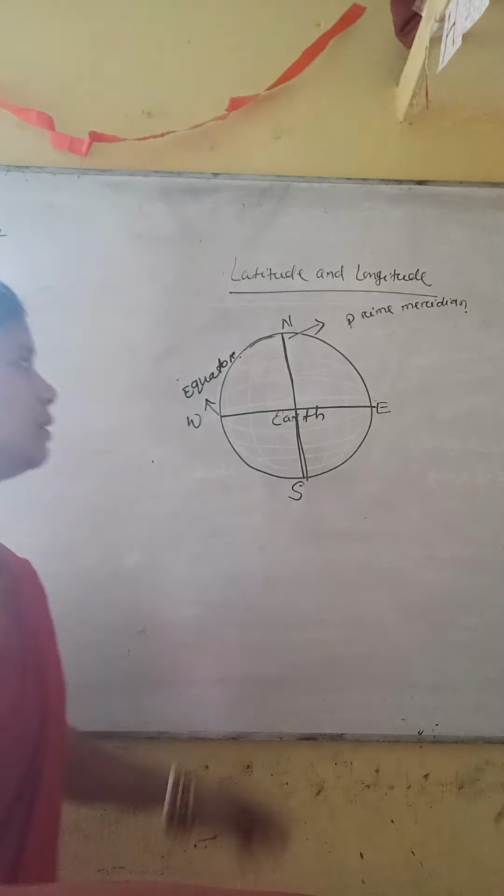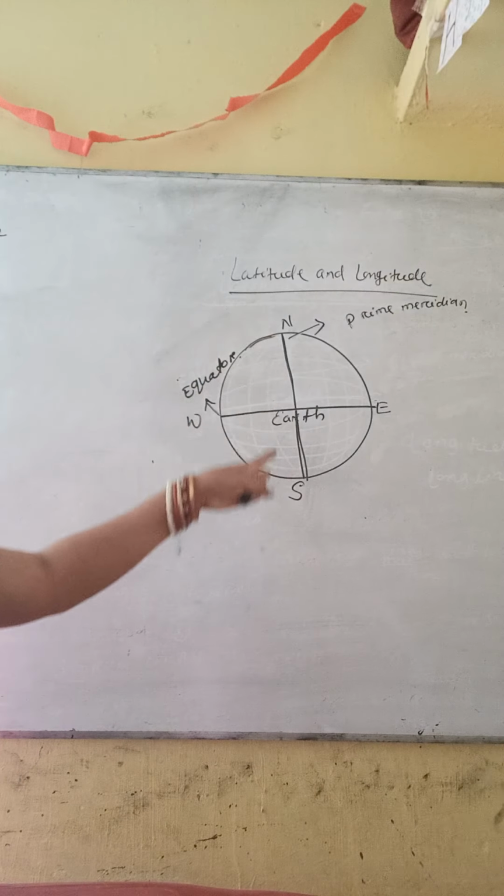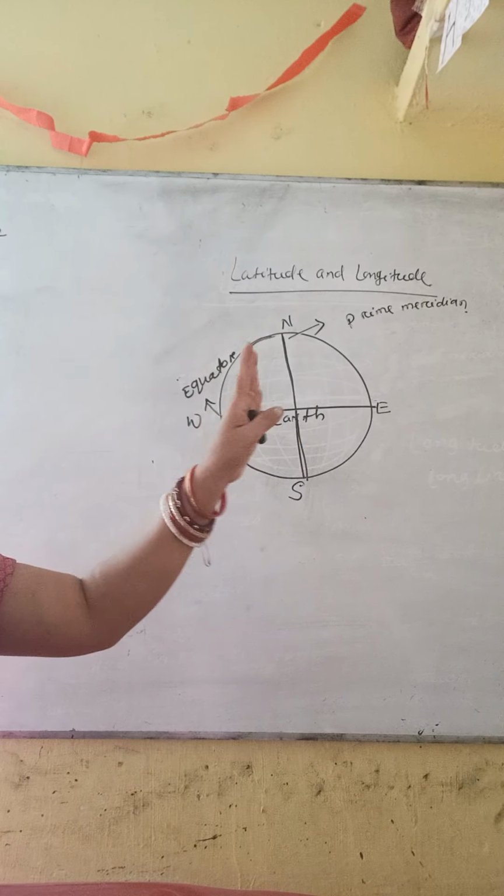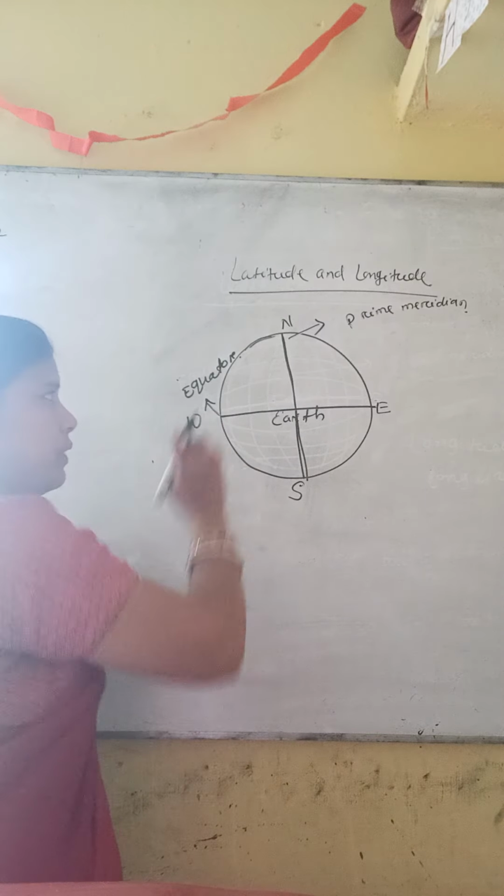This line that stretches from north to south is called the prime meridian, and this line that stretches from west to east is called the equator.